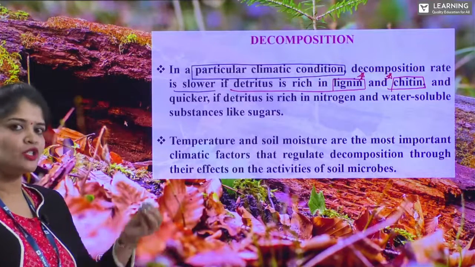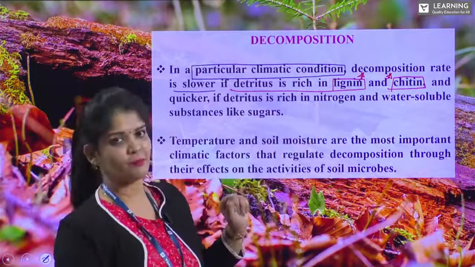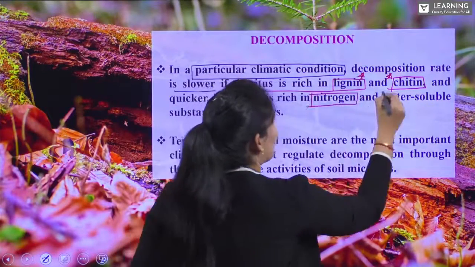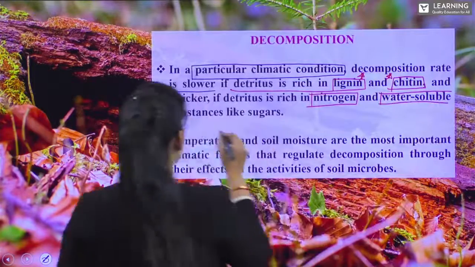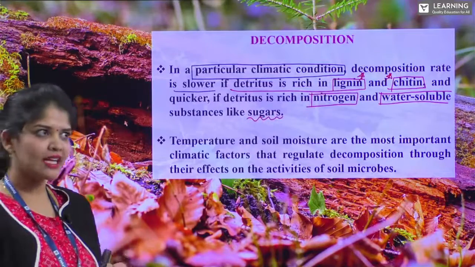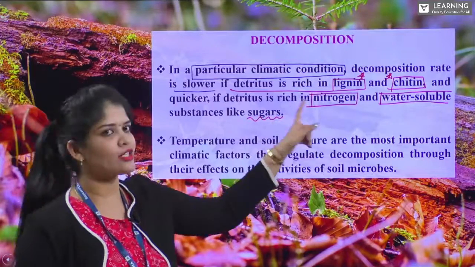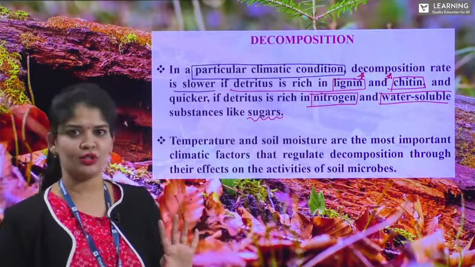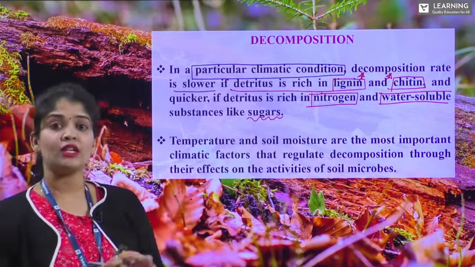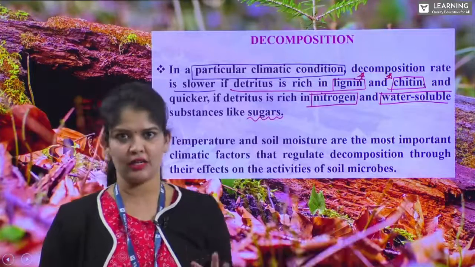Whereas if the detritus is rich in nitrogen and water soluble sugars, then the decomposition occurs at a much faster rate. So, quicker if the detritus is rich in nitrogen and water soluble substances like sugars. This point gives you information about how the composition of the detritus is going to control its rate of decomposition.